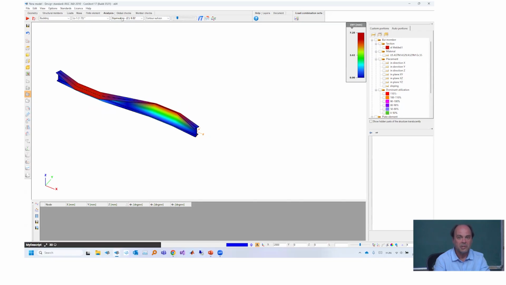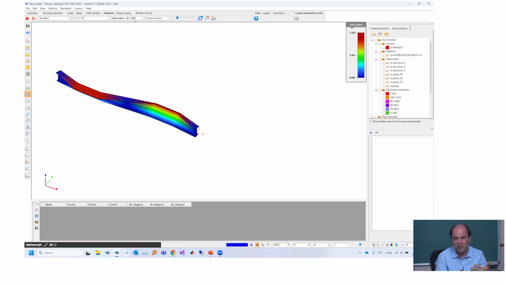What is very important is that for each solution of the buckling problem, there are two types of results. The eigenvalue itself is just a number, and once you know the number, then you can back calculate a vector which we can draw graphically like this. But what is the most important is the eigenvalue itself.